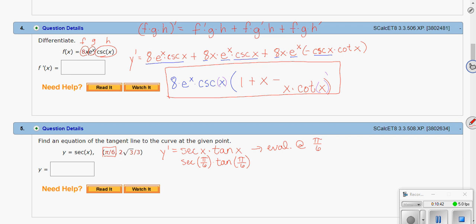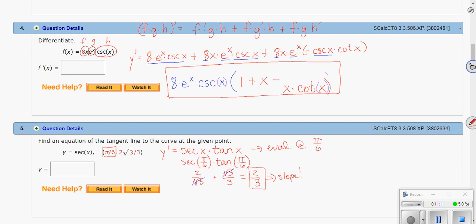Well, this gives me 2 over root 3 times root 3 over 3. If you're poking that in a calculator, make sure you're in radians, not degrees. Then these are going to cancel, so this leaves me with a slope of 2/3.